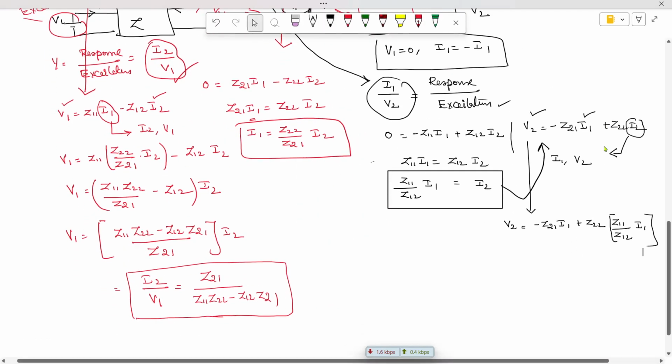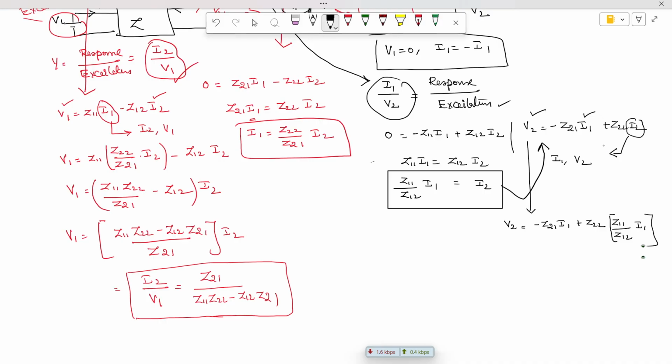So now we require I1 by V2. Let's take I1 as a common term. V2 is equal to I1 times minus Z21 plus Z22 Z11 divided by Z12.